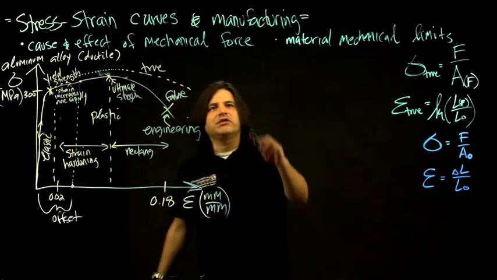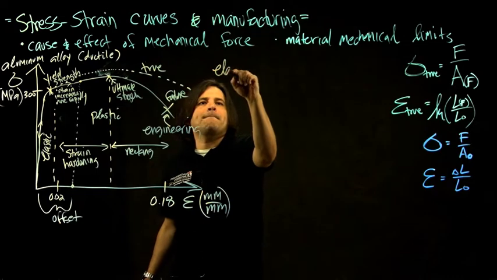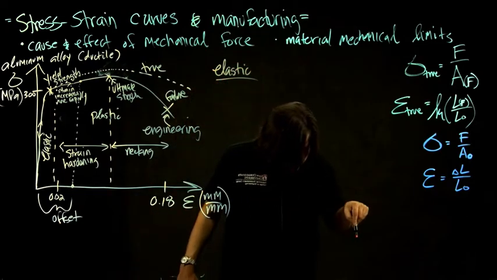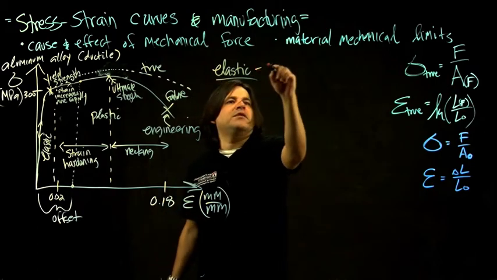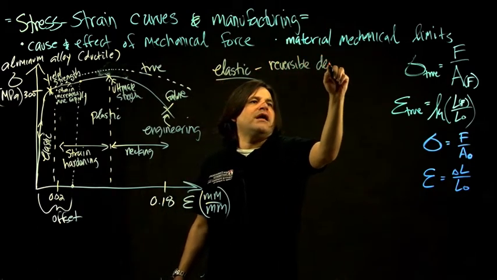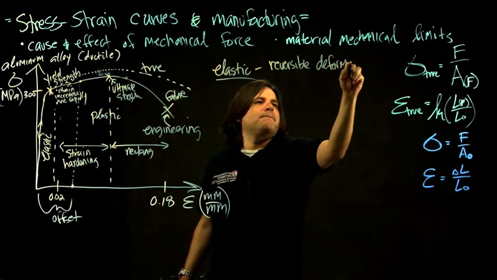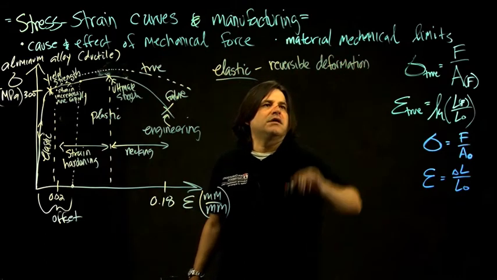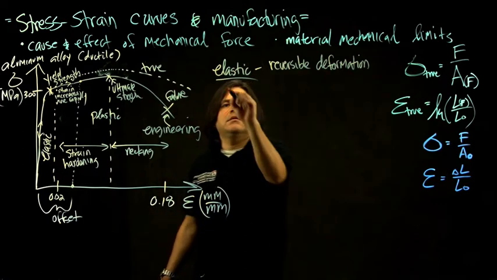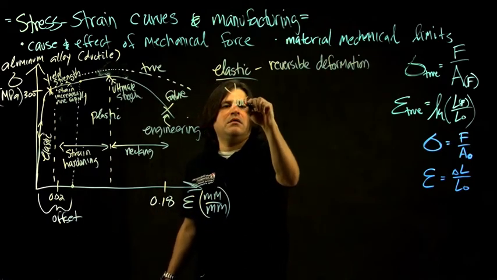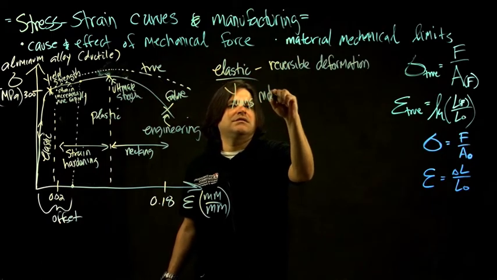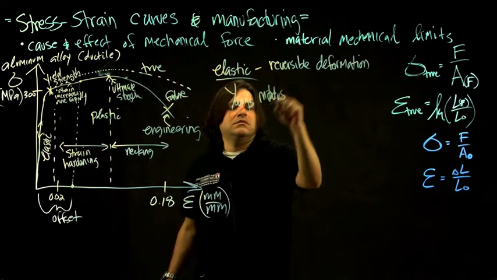So for the elastic region, you have reversible deformation. It'll relax back to zero strain after you release this normal stress. And as we remember, this Young's modulus, I don't know how to spell.